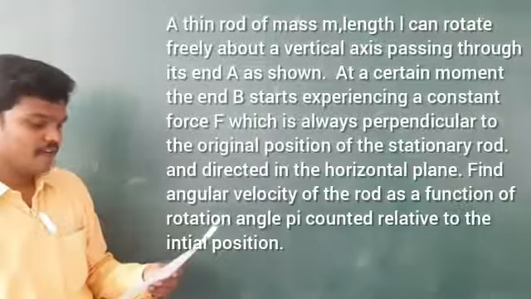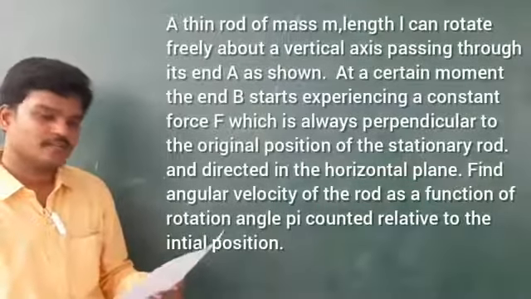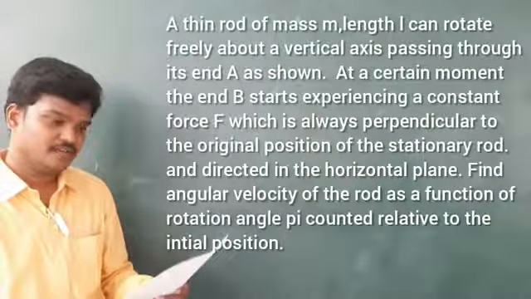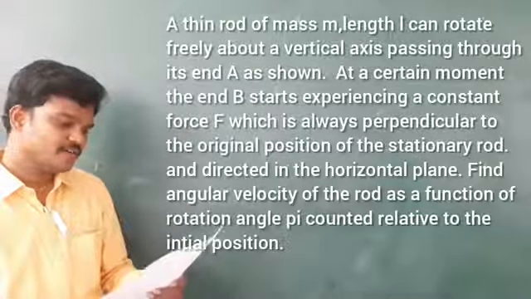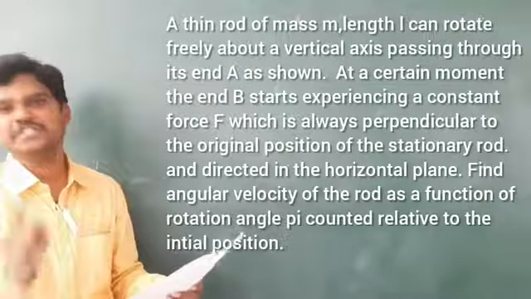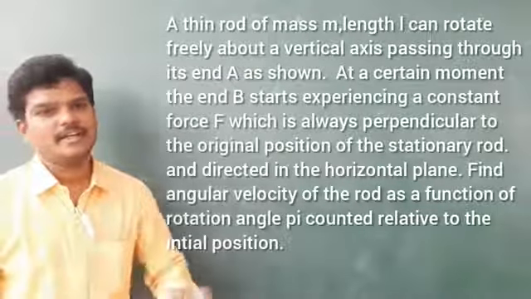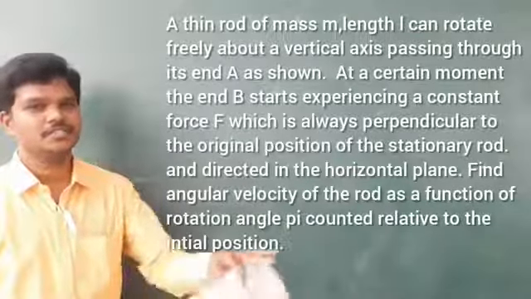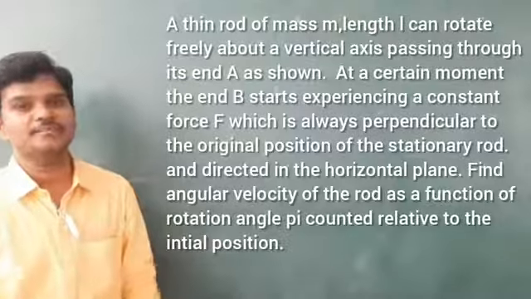Then find the angular velocity of the rod as a function of rotation angle phi, counted relative to the initial position. Here the angle is changing. The starting angle is 0, horizontal, and the ending angle is pi.